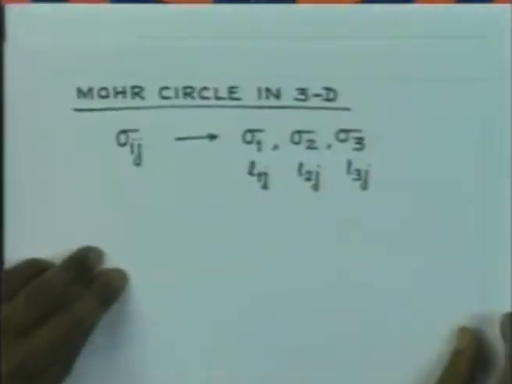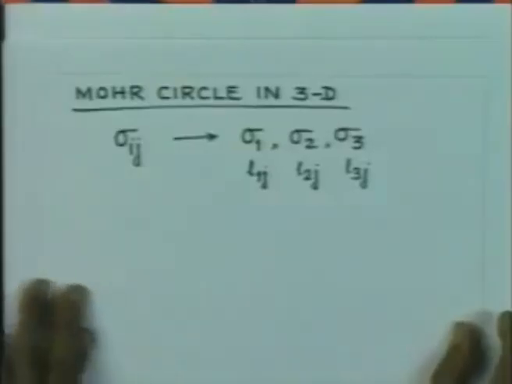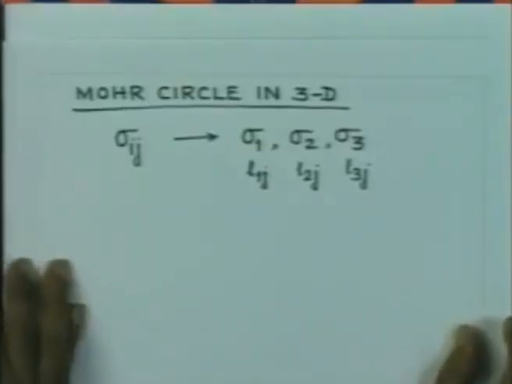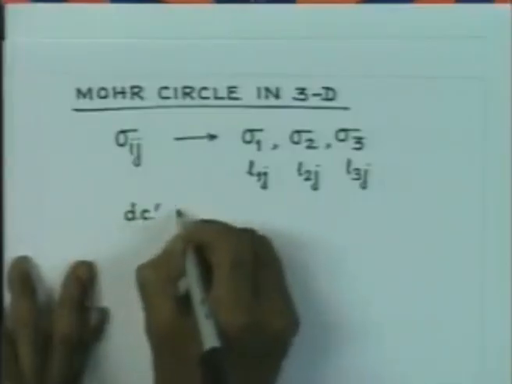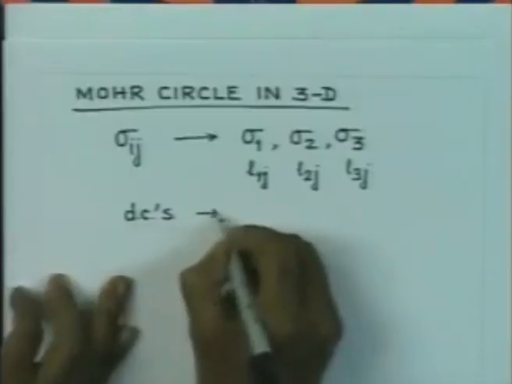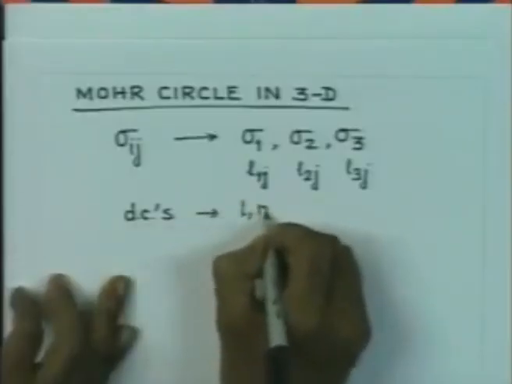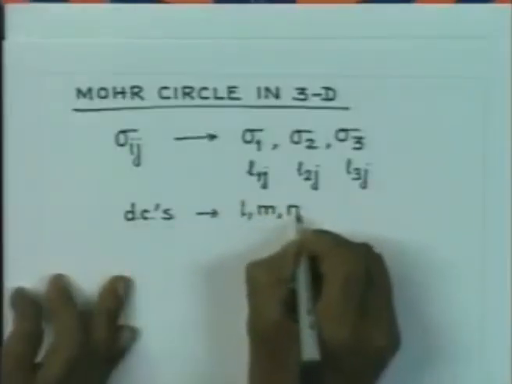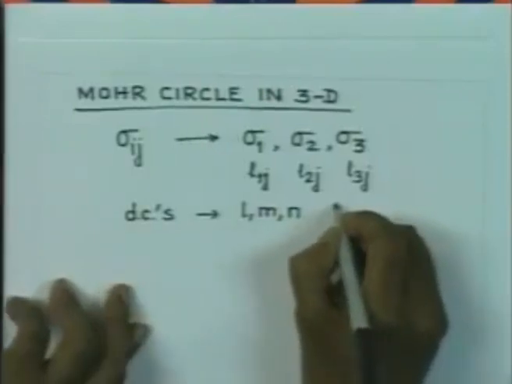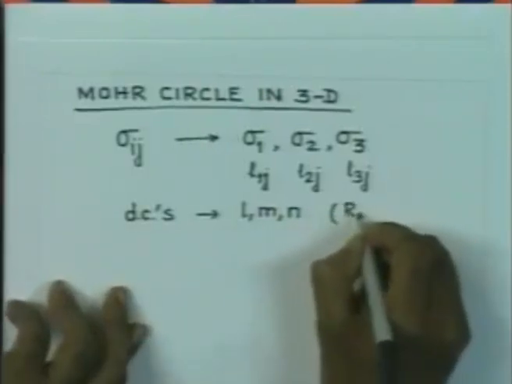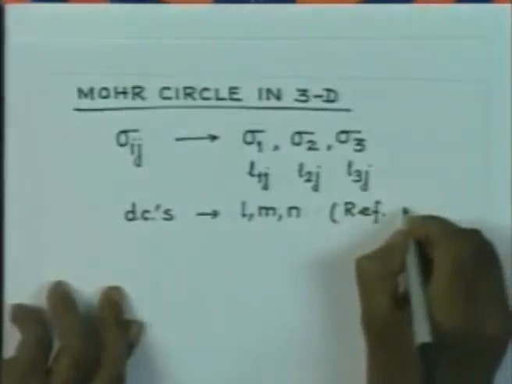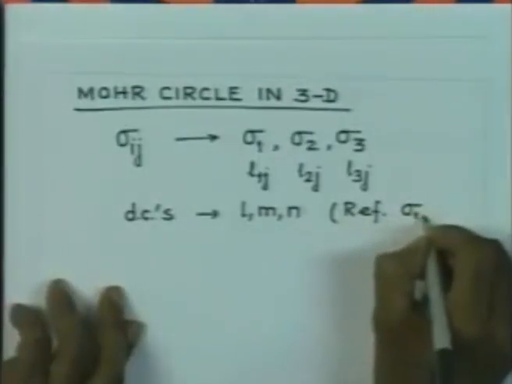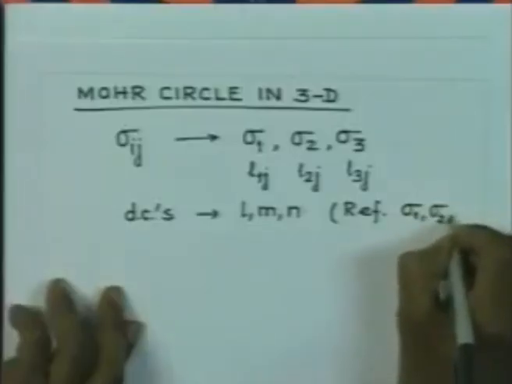Now, we would like to consider an arbitrary plane with direction cosines L, M, N, and the reference directions are sigma 1, sigma 2, sigma 3.